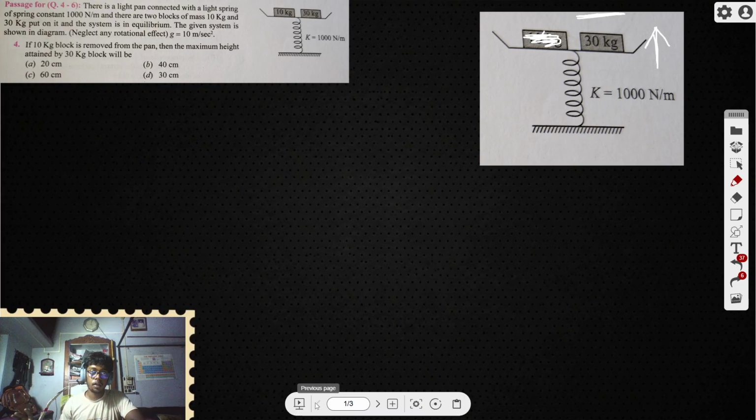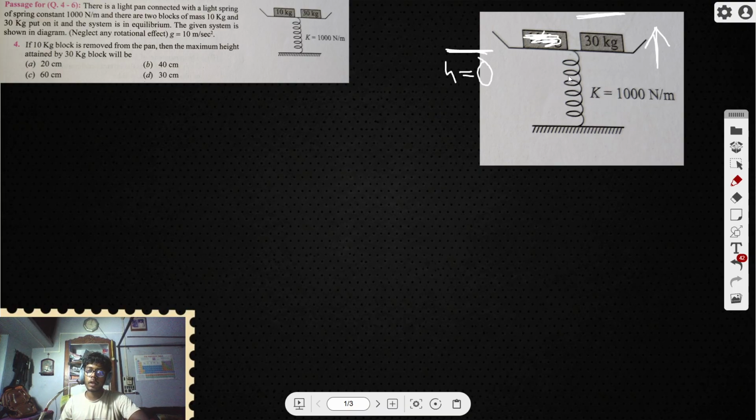If you see the initial mechanical energy of this system when 10 kg and 30 kg were there, that will be the energy of the spring. If we take this compressed position as H equal to 0, it is all spring energy.